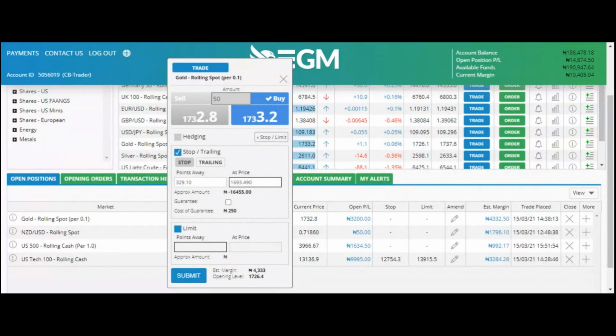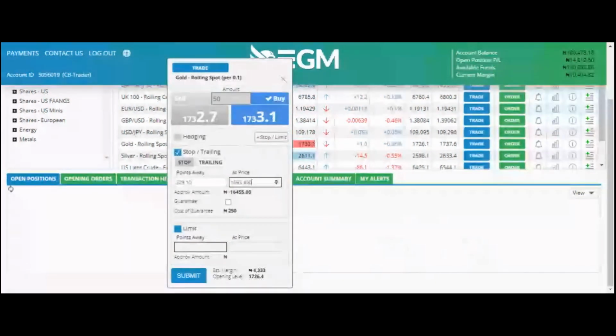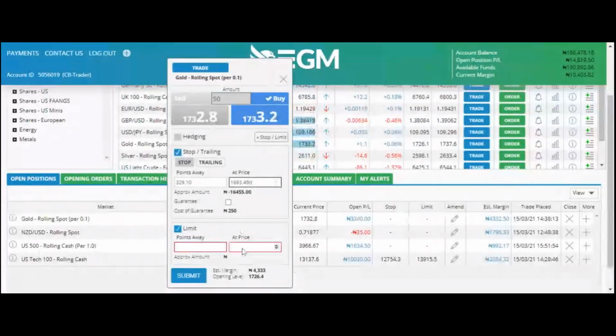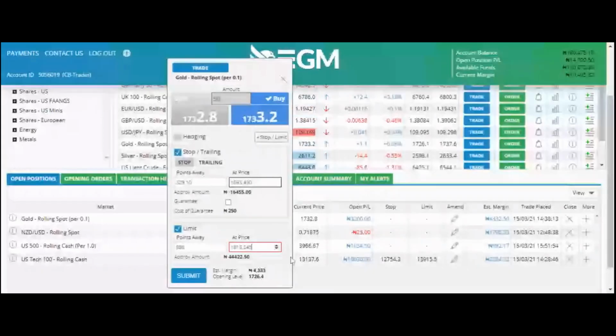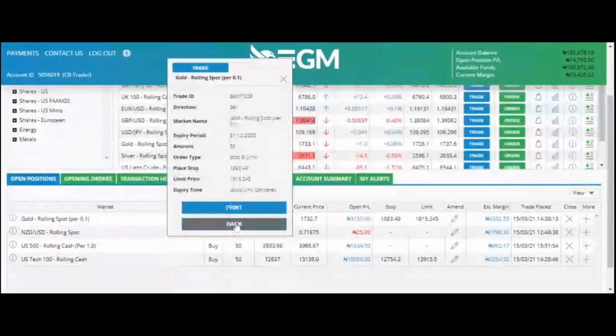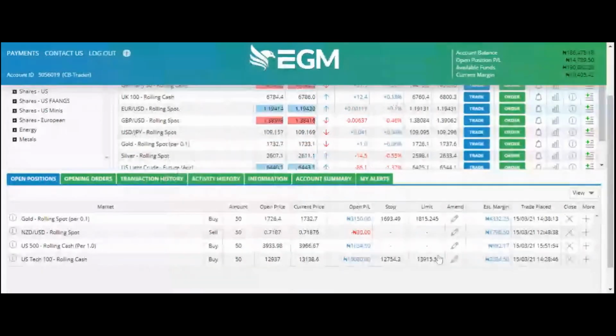So my take profit value is right here, 1815.245. Okay, so that's my take profit value. Then I press submit, and immediately it sets my stop and my limit. That's stop and take profit for me. Very, very easy to apply on the cloud trade platform.